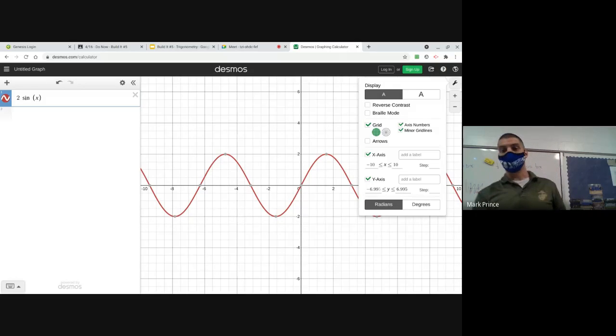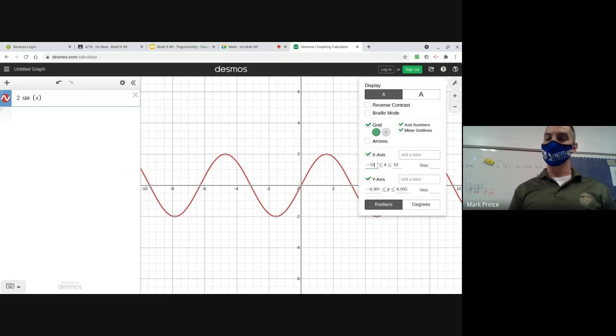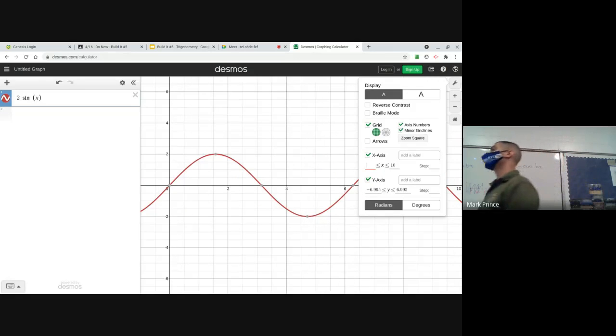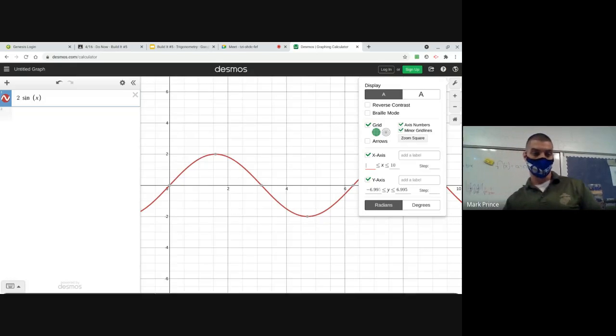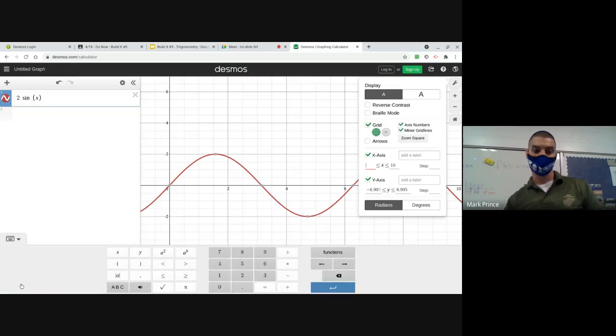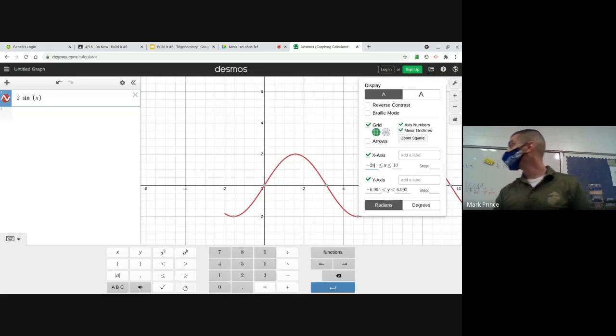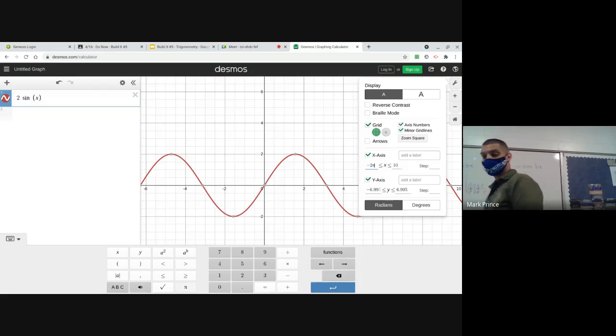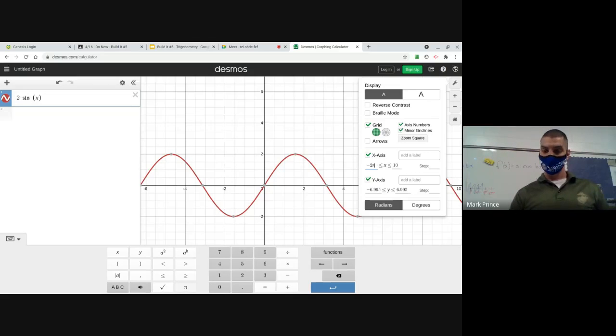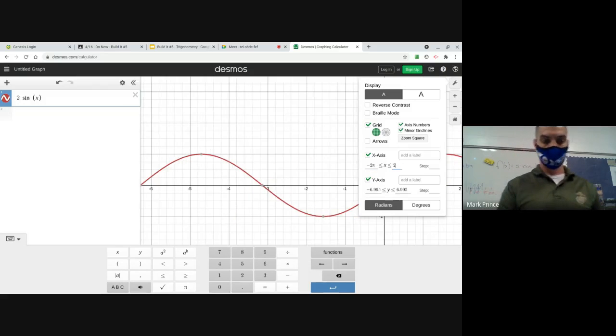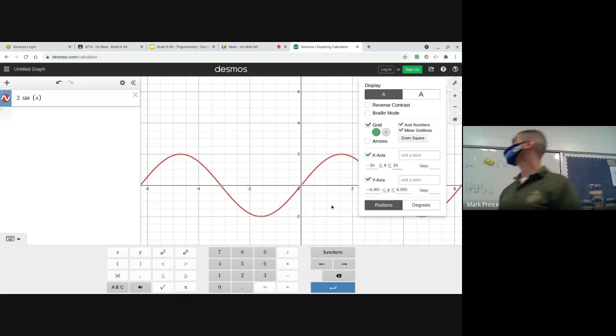I'm going to keep my y-axis the same, but I'm going to change my x-axis to -2 pi on the left. I'll just type in -2 and open up the Desmos keyboard. That gives me pi. And on the right-hand side, change this to +2 pi. It gives you the decimals, numbers.